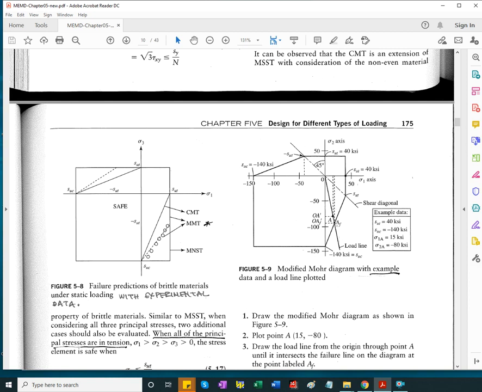Where the load line intersects the boundary, that's the failure point. The design factor is calculated, if not already included with the load point, as the ratio between the segment from 0 to the failure point divided by the distance from the origin to the load point.